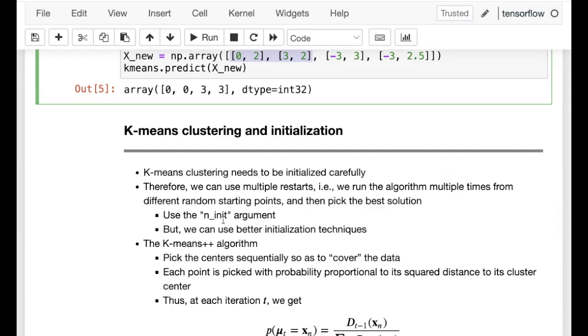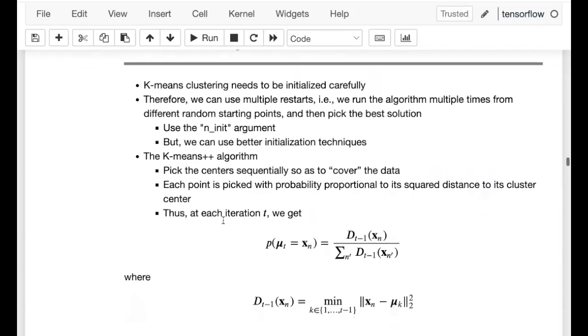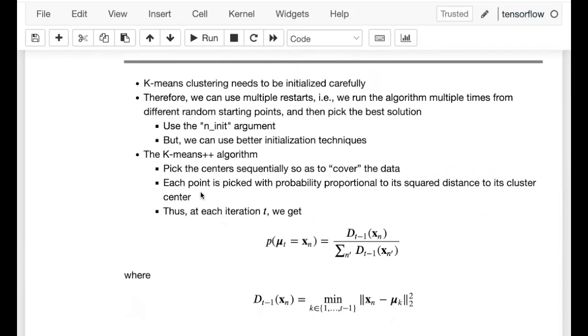When I say best one, usually it is using inertia, because that's what we are minimizing, the sum of the squared distances. And the one that gives you the best result, that's the one that you select as your final K-means model.